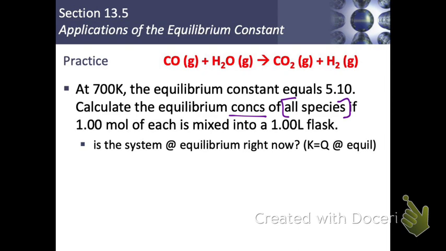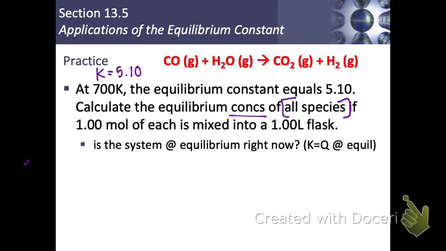Do we see that part? All right, 1 mole in 1 liter, that makes it really easy, but it makes us do that. I think my equation is balanced already, so we're good to go there. When it tells us my equilibrium constant equals 5.10, that means K is equal to 5.10. So we'll need that in a little bit.